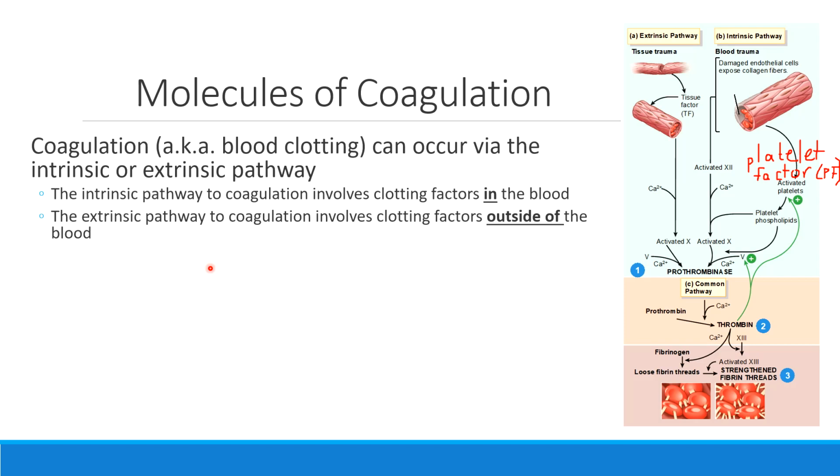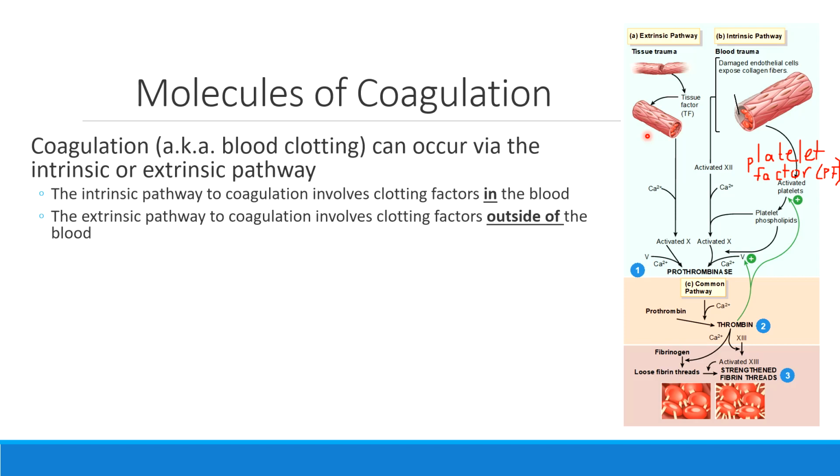Interestingly though, I can also use the extrinsic pathway to lead to blood clotting. When I talk about the extrinsic pathway for blood clotting, I'm using things that are outside of the bloodstream. So what I mean by that, let's underline, highlight, star tissue factor.